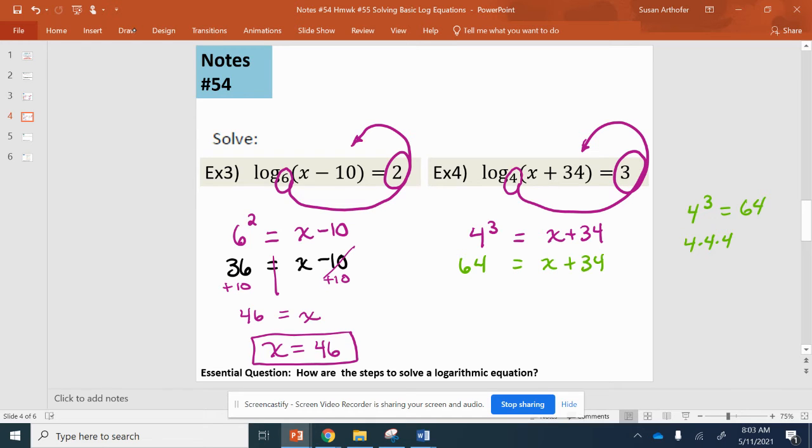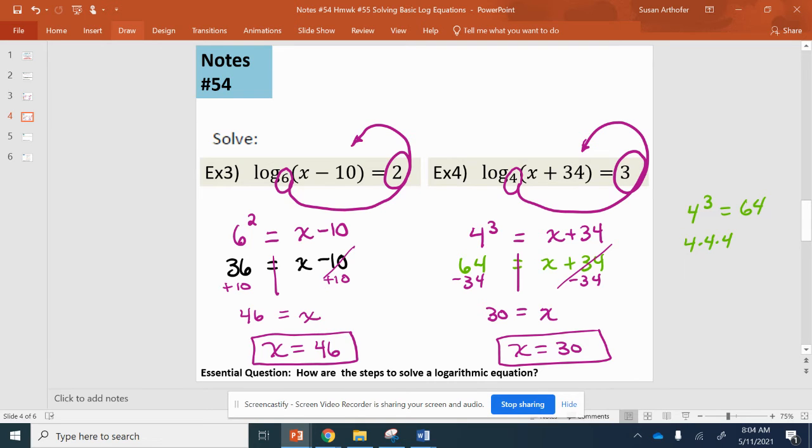The next step we have to do is to solve for x. So we're going to subtract 34 from both sides. So our x is equal to 64 minus 34, which is 30. So our answer is x equals 30.